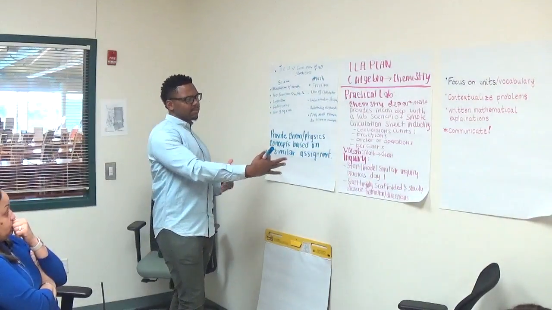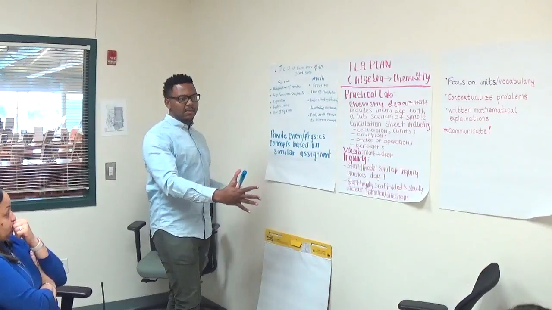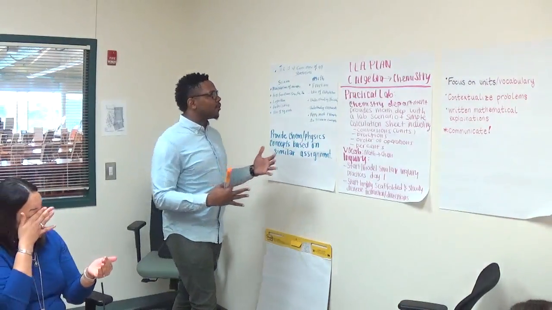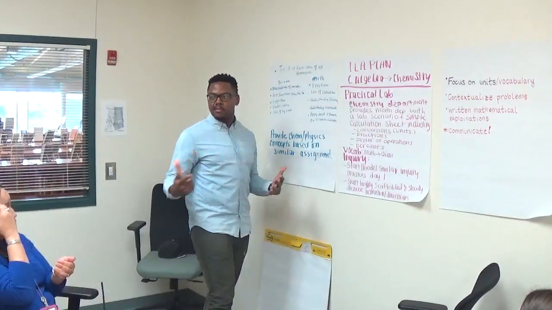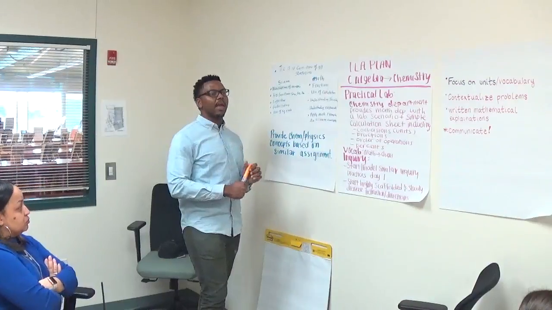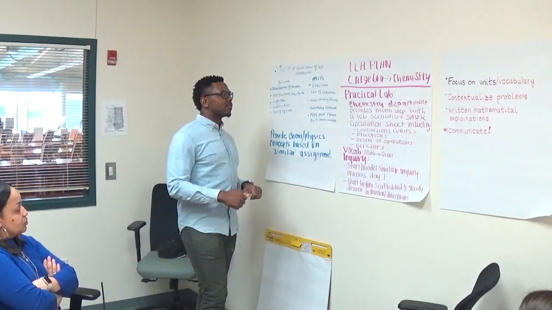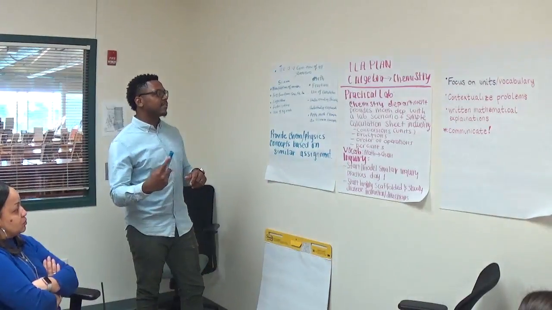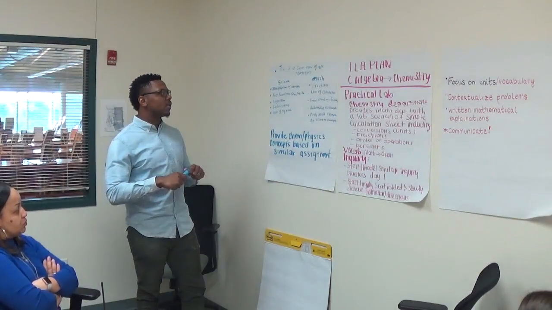And it's also messing up the rest of the algebra year, because as an algebra teacher, I almost assume that there's a certain baseline of knowledge that our kids have, and when they don't have it, it throws the plan off. But nevertheless, those are some of the things that we need to work on.